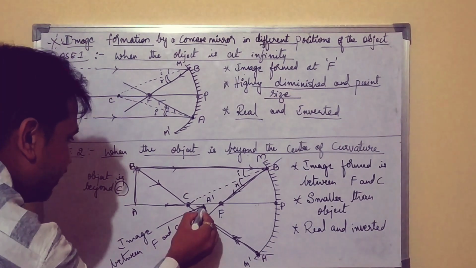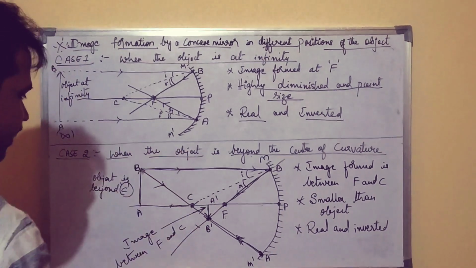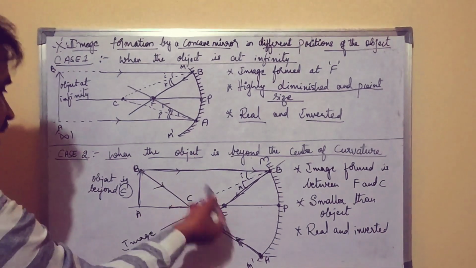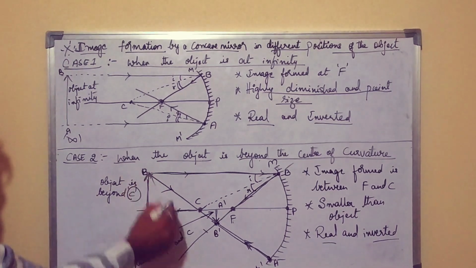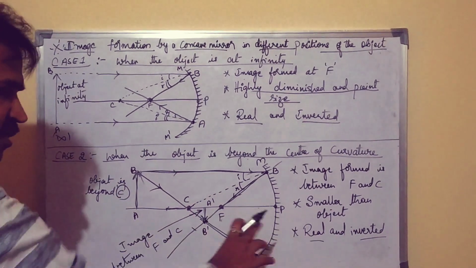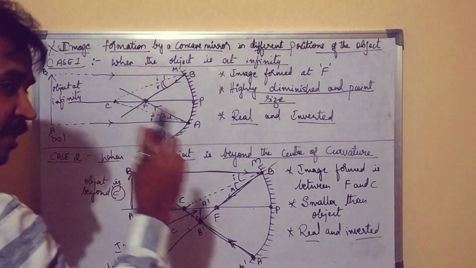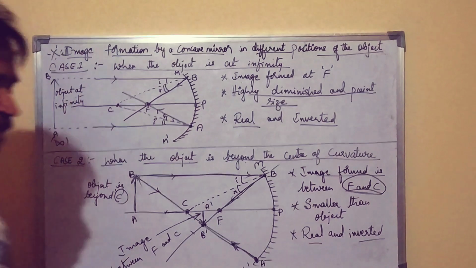You can see here, the image is very small, smaller. Not diminished, smaller. And this image is real and inverted. See here, this is the object and this is the image. Real image, why? Because it is caught on the screen. Inverted. But the main thing is, the image is formed between F and C.